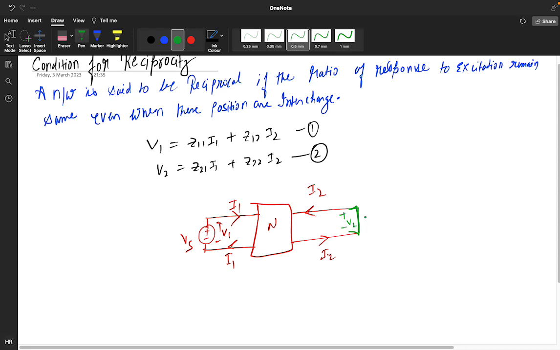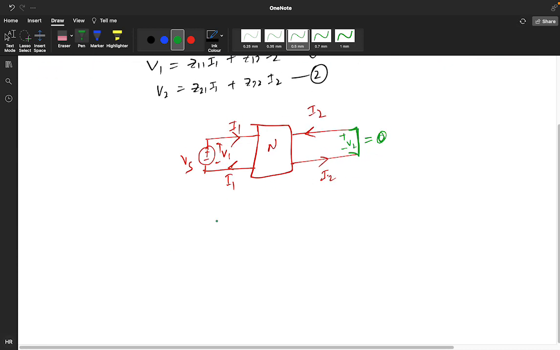If the short circuit is there, then the V2 value is 0. So from here V1 is equal to Vs, V2 is equal to 0, and suppose we make some current here like this, I2 dash, opposite to this current, so your I2 is equal to minus I2 dash.